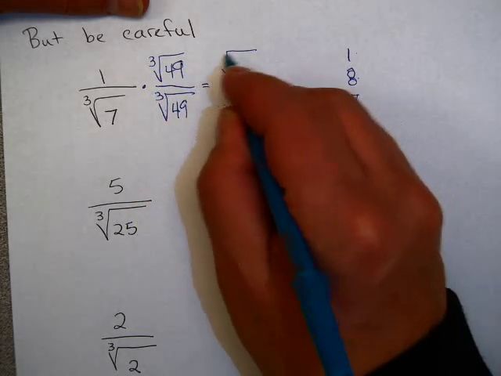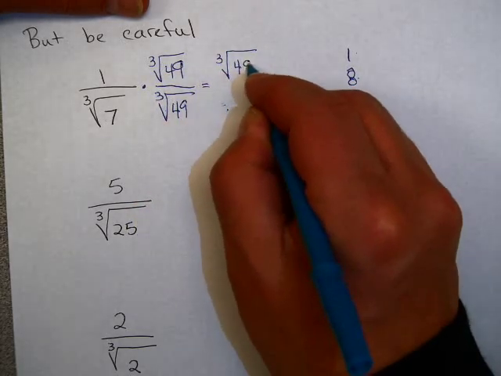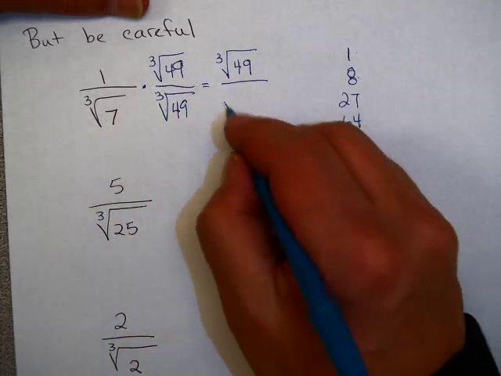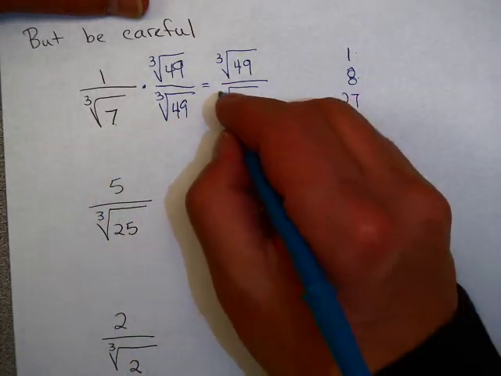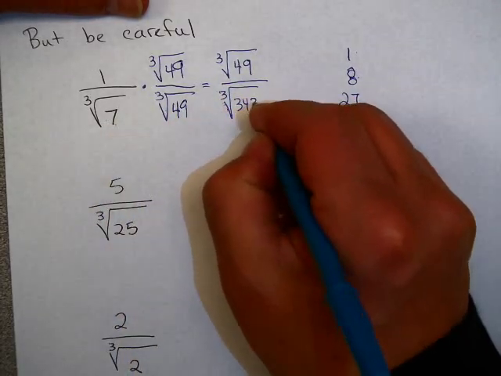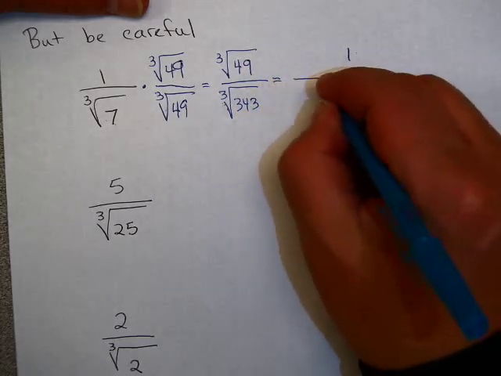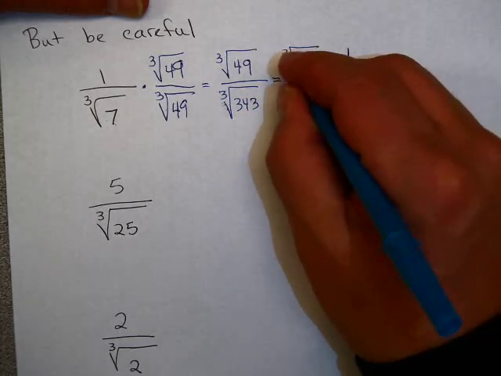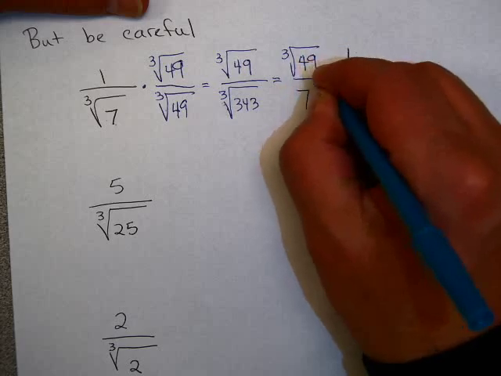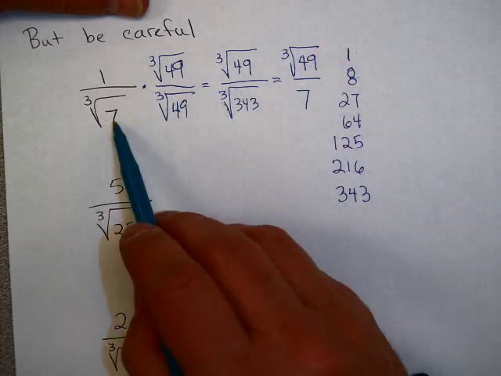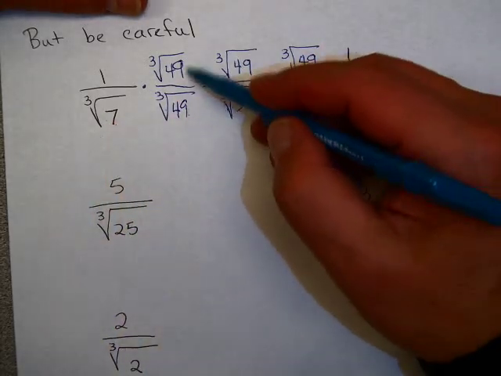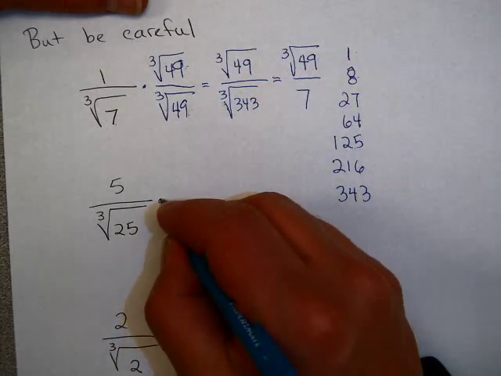Now the cube root of 49 is not a whole number, but this gives you the cube root of 7 times 49, which is 343. And the cube root of 343 is none other than 7. So unlike a square root, you can't just multiply by itself. You need to think a little bit harder here.